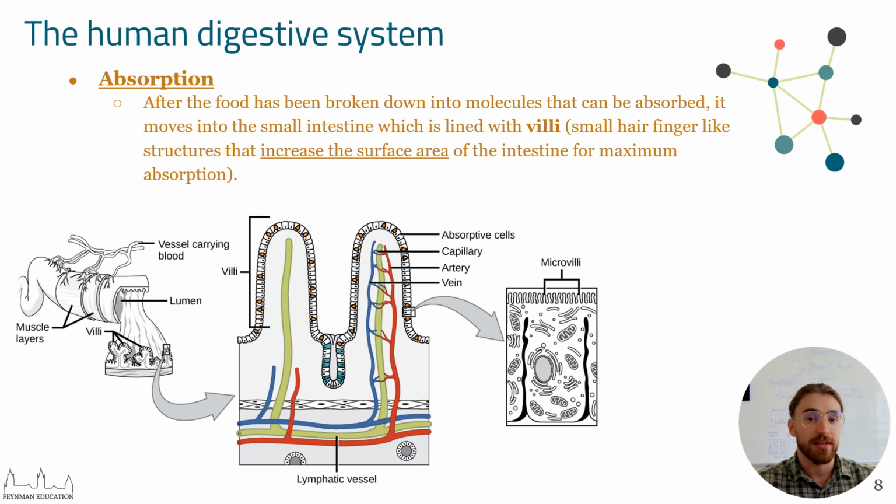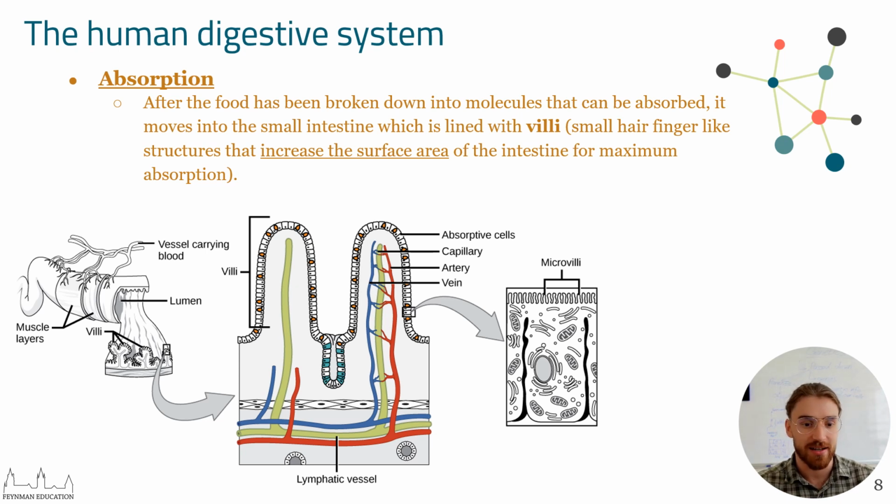Now that we've talked about the digestion and the breakdown of these macromolecules, we need to talk about how they're absorbed into the body. Most absorption of these smaller molecules that can be used by the body occurs in the small intestines. The small intestines are adapted to absorption through these appendages known as villi. These villi are hair-like structures that line the small intestine, and they increase the surface area and the amount of contact that the small intestine will have with the food molecules.